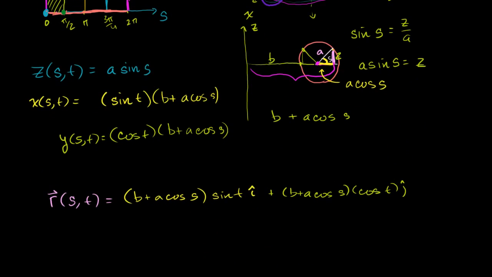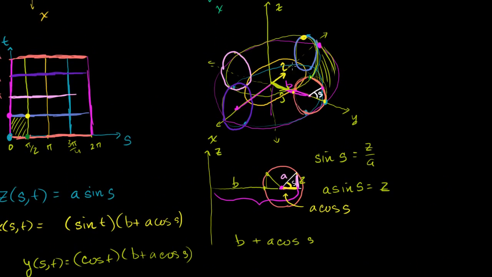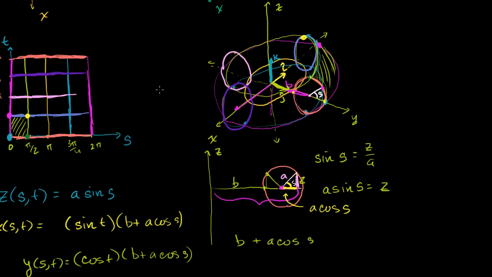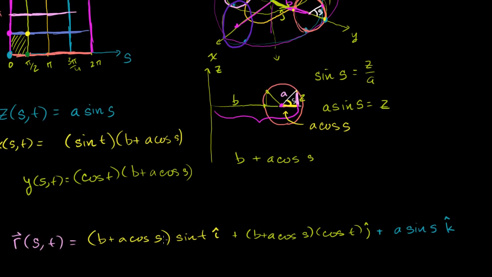And then finally, we'll throw in the z, which was actually the most straightforward, plus a sine of s times the k unit vector, which is a unit vector in the z direction. And so you give me any s and t within this domain right here, and you put it into this position vector valued function, it'll give you the exact position vector that specifies the appropriate point on the torus.